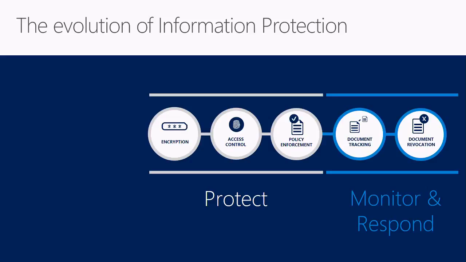And when we brought out Azure Rights Management, we also extended rights management services to be able to do monitoring and responding. So not only did we have the ability to protect documents, but now we could share them out with other people, and we had a tracking capability. So you could share out your document with your business partner, you could then open up a tracking website, and you could see how often your business partner had attempted to open it. You could see how often they'd failed to open it. You could see how often they'd forwarded it to somebody else.